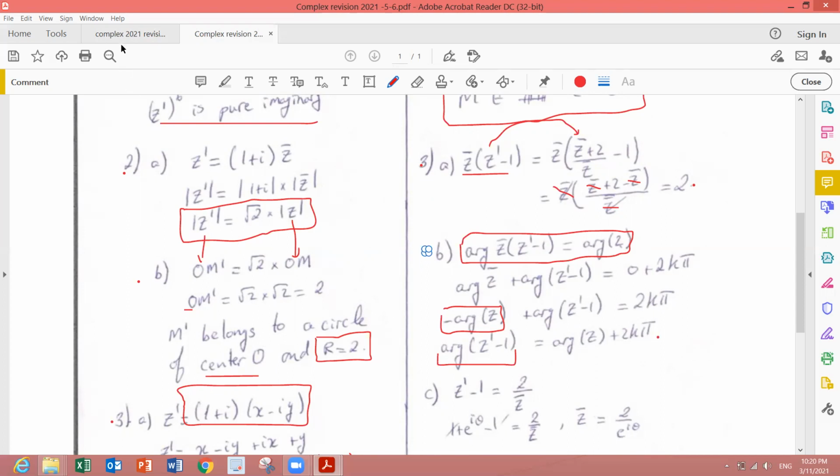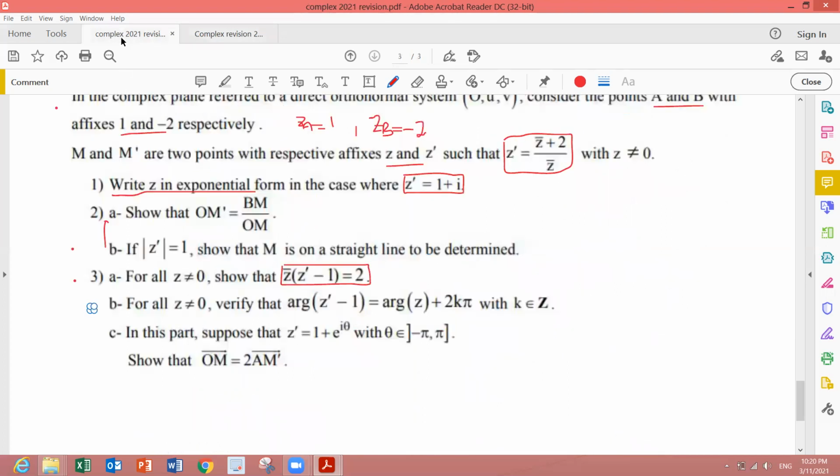It is done. The last part: suppose in this part Z prime equals 1 plus e to the i theta. Verify this vector relation: verify that vector OM equals 2 times vector AM prime.